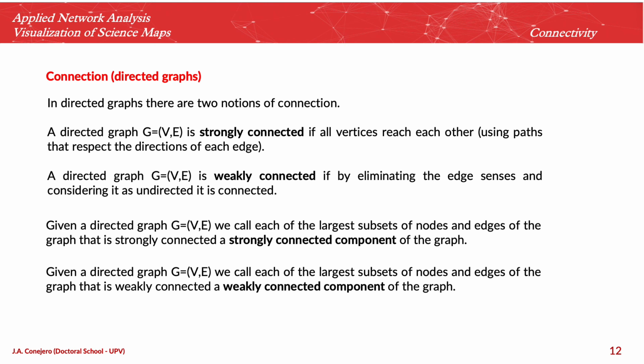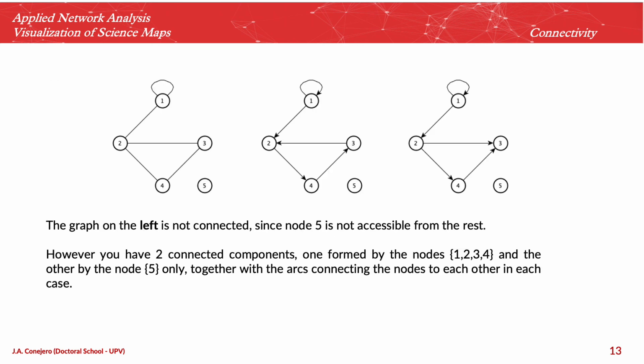So we are converting our directed graph into an undirected graph, and we see if it's still connected. In the first case, we speak about the largest subsets of nodes and edges that are strongly connected components, and the same for weakly connected with weakly connected components.